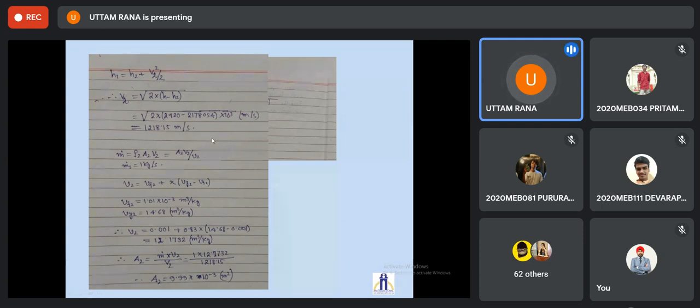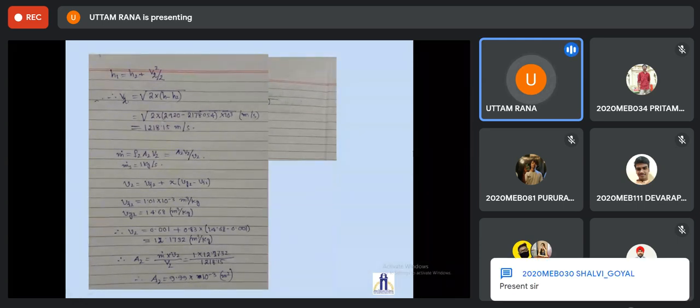Now, if we are asked for the mass flow rate, it will be equal to rho 2 A2 into V2, which is A2 into V2 divided by specific volume, where V2 is the velocity here.